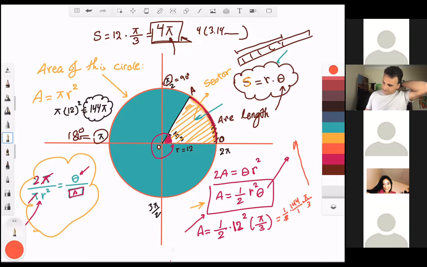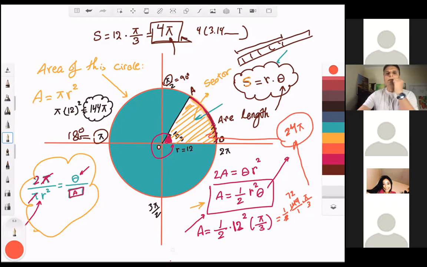That gives us 72. 72 divided by 3 gives us 24. Yvette, you always help me. 24 pi. So 24 pi will be the area of this guy. Any question here?